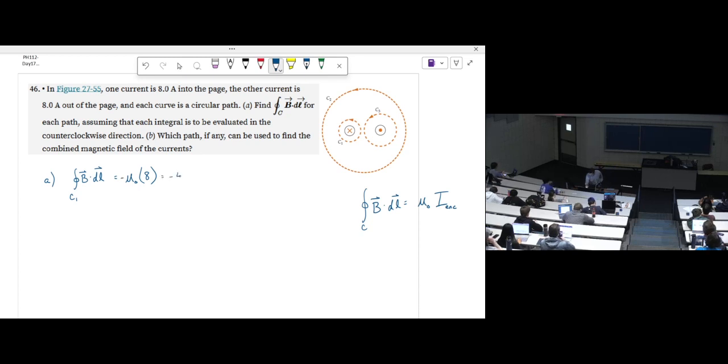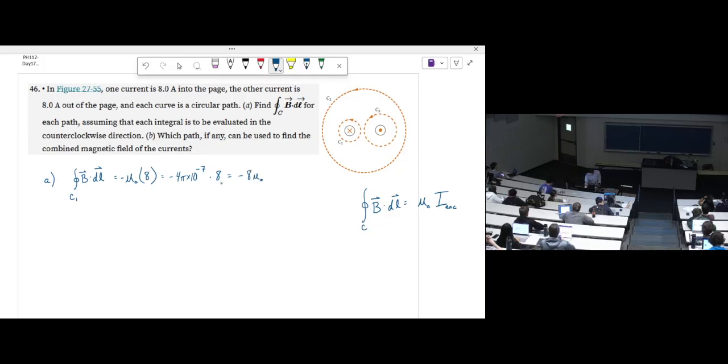So that's minus 4 pi times 10 to the minus 7 times a current of 8 amps. And this ends up being what? I just wrote it down as minus 8 mu naught.